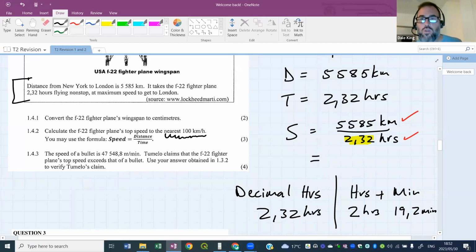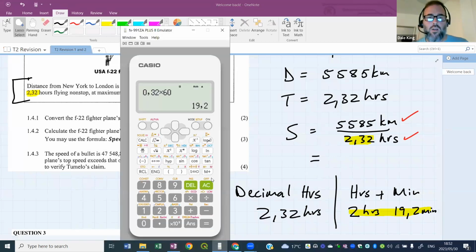This formula only takes decimal hours. If the question gives you the time like this, you will have to convert it into decimal hours first. This is what caused the problems the first time we did this, so be careful of these questions. You're praying they give you the time in decimal hours, and they did, thank goodness. Otherwise, we'd have to change it into decimal hours before we can put it into this formula. Please remember that.